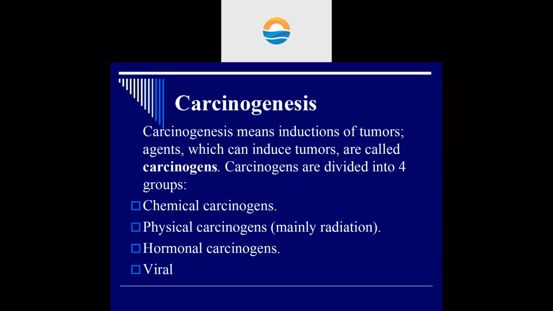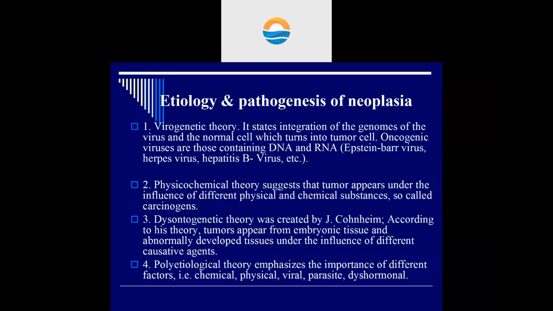Carcinogenesis means induction of tumors. Agents which can induce tumors are called carcinogens. Carcinogens are divided into 4 groups: chemical ones, physical, mainly radiation, hormonal, and viral carcinogens.